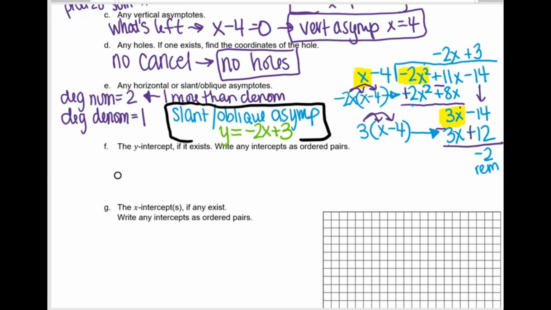Our y-intercept comes from plugging in 0 for x. You can plug this into the original or into the factored form, whichever works best for you.